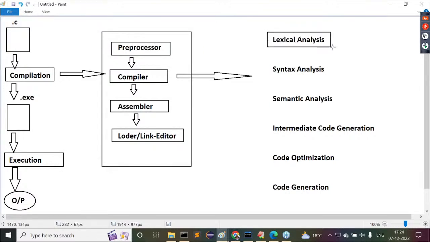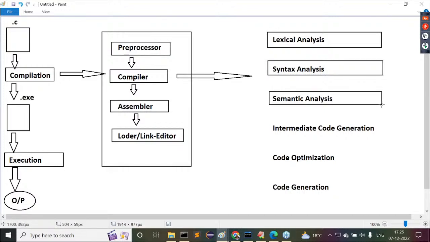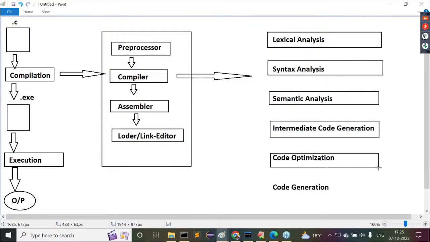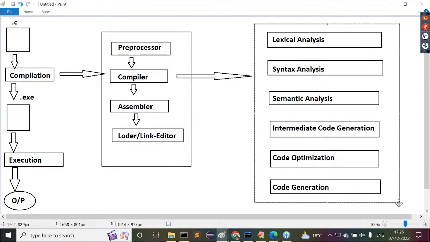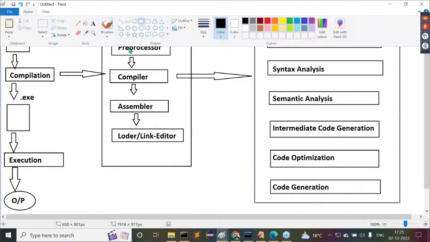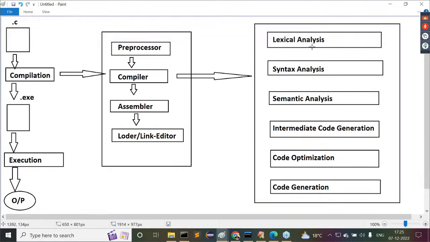Nearly 6 phases are available: lexical analysis phase, syntax analysis phase, semantic analysis phase, intermediate code generation, code optimization, then finally code generation. This is the compiler. Inside the compiler, these many things are available.